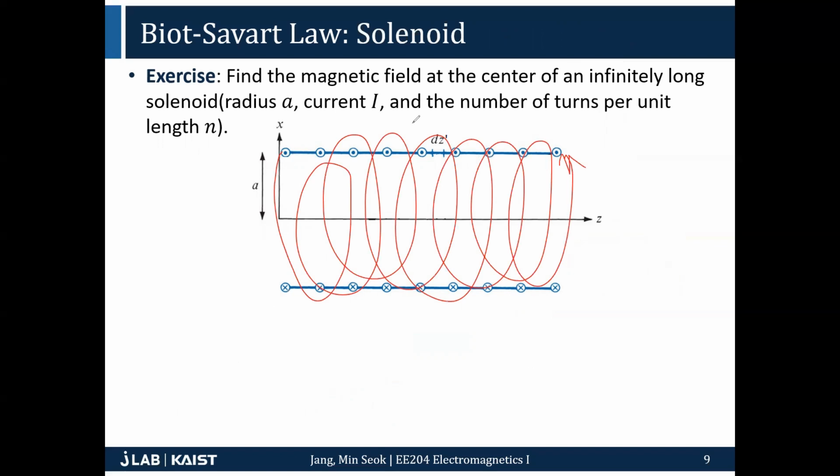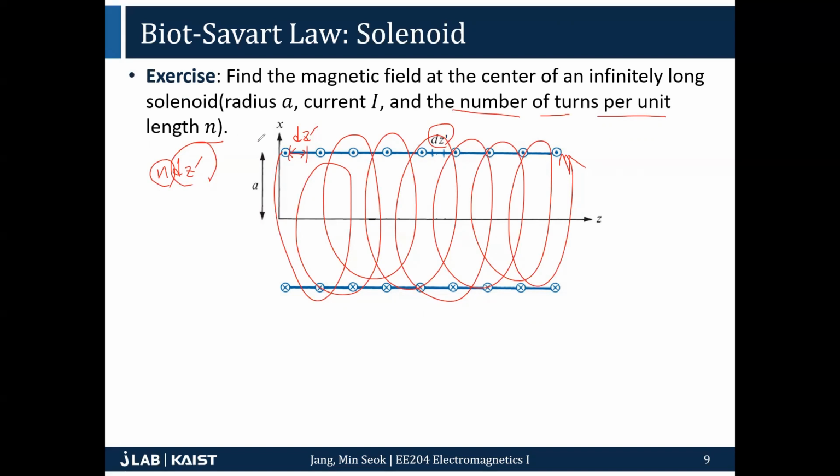Here we define the number of turns per unit length to be n. So let's say you take an infinitesimal length dz prime, then the number of turns included in this line segment must be n dz prime, because this is the number of turns per length, and then you multiply by length, and you get the number of turns within that line segment.